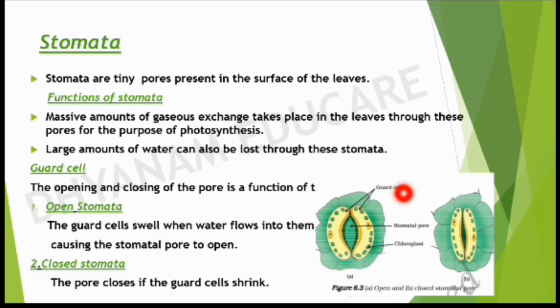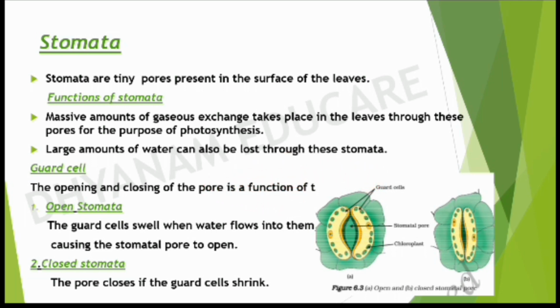There is a guard cell. See the structure of the stomata. This one is the open stomata and this one is a closed stomatal pore. So there is a guard cell. What is the function of this guard cell? The opening and closing of the pore is the function of the guard cell.